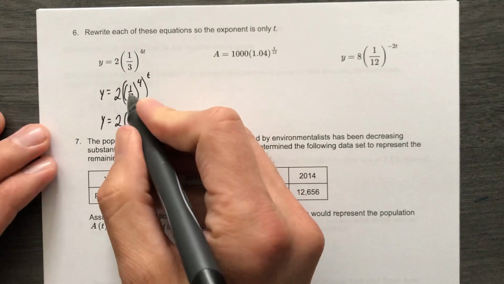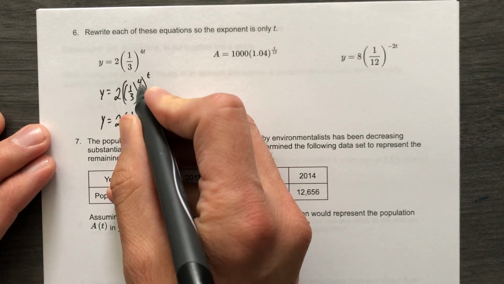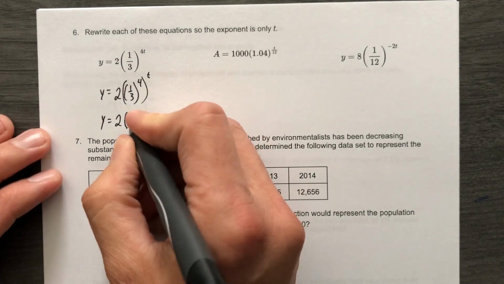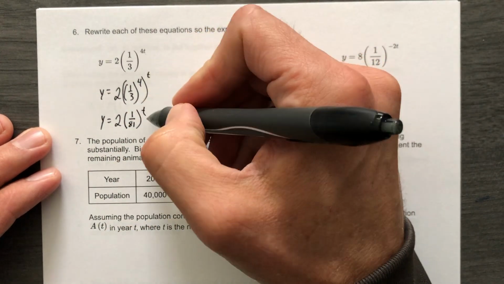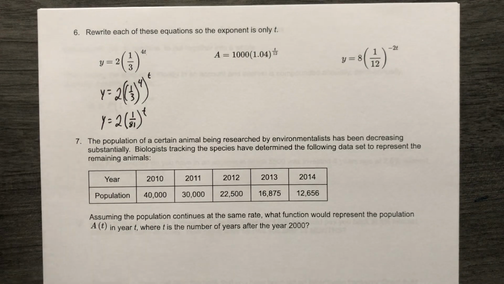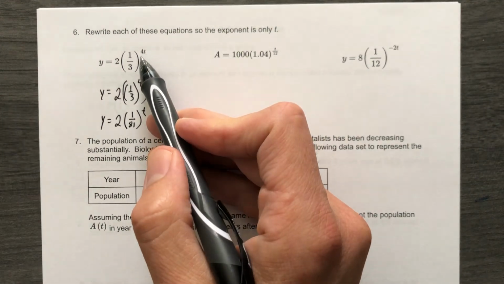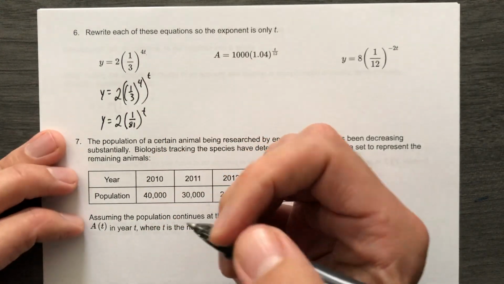We're going to do this in our head. 1 to the 4th power is 1. 3 to the 4th is 81, to the t. This is equal to this. Totally the same thing. And that takes a lot of the guesswork out of the variable with a coefficient in your exponent. Not guesswork, but it eliminates that.